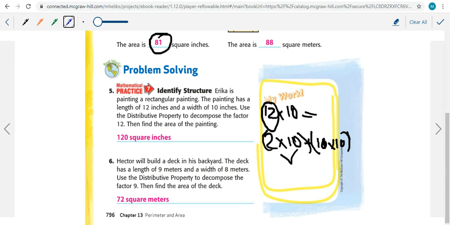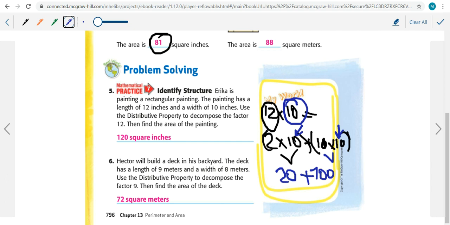Remember, let me highlight this, that this number does not change. This number stays the same. 2 times 10 is 20 and 10 times 10 is 100, and then you add 20 plus 100 is 120.